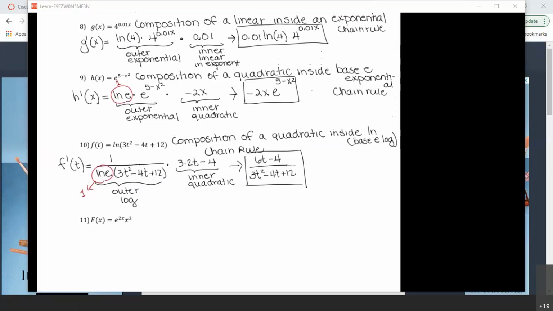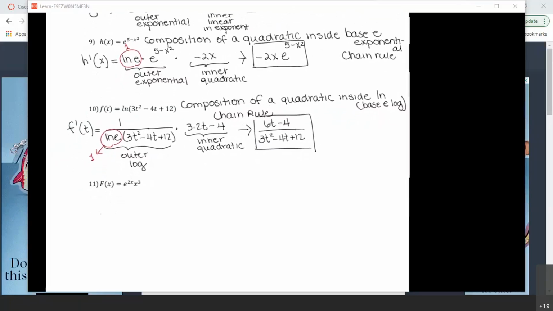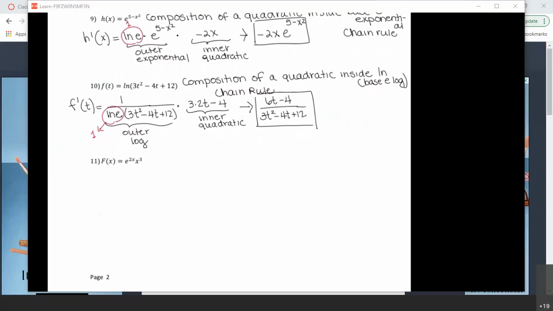Anybody have any ideas about the shape of 11? Okay, we're seeing a product. Anybody have any other thoughts?